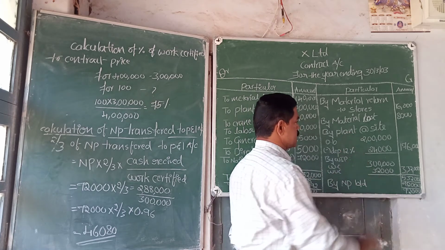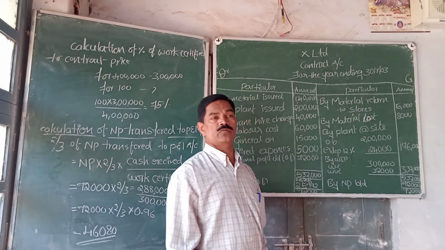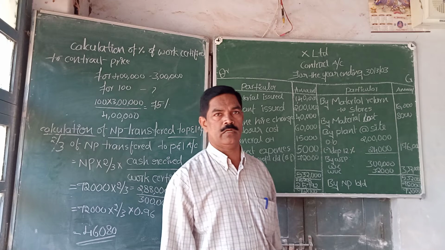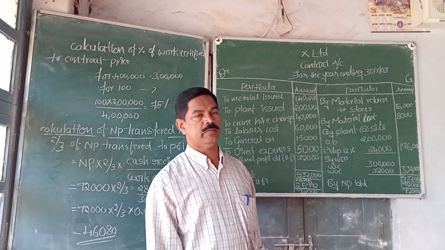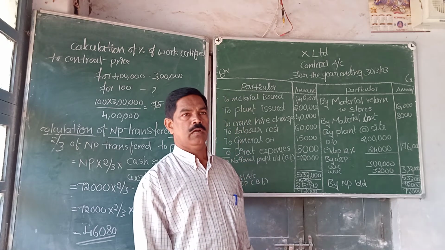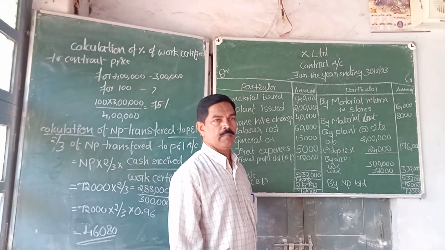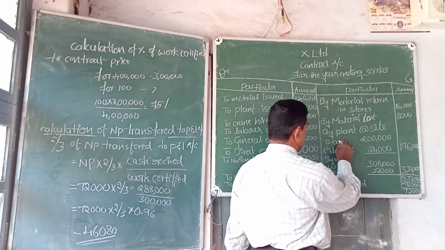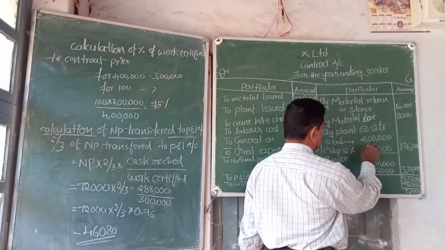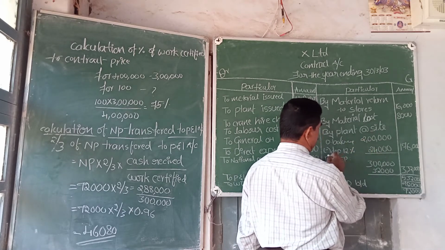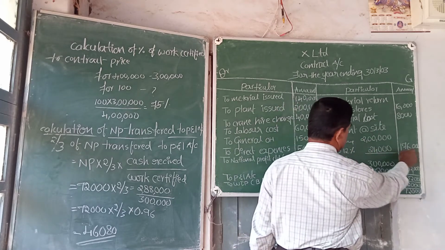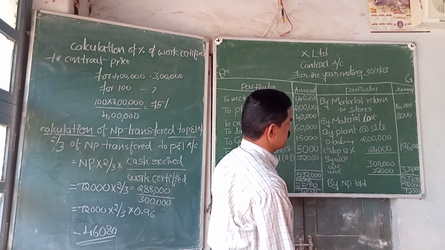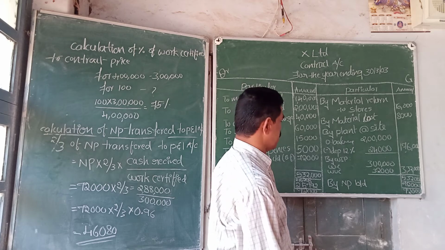Here plant at site is not given, but we are asked to charge the depreciation. So when we are asked to charge the depreciation, we have to calculate the closing balance of plant, or plant at site. So this is the opening balance of 2 lakh minus depreciation, and 1,76,000 is the plant at site.